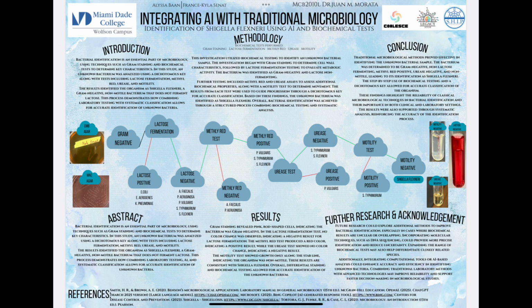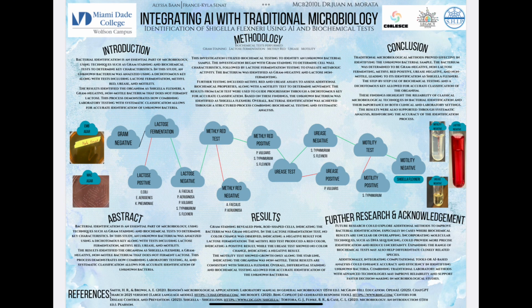Our results, what did we get from all of this? Gram staining revealed pink, rod-shaped cells, indicating the bacterium was gram negative. In the lactose fermentation test, no color change was observed, indicating a negative result for lactose fermentation. The methyl red test produced a red color, indicating a positive result, while the urease test showed no color change, indicating a negative result.